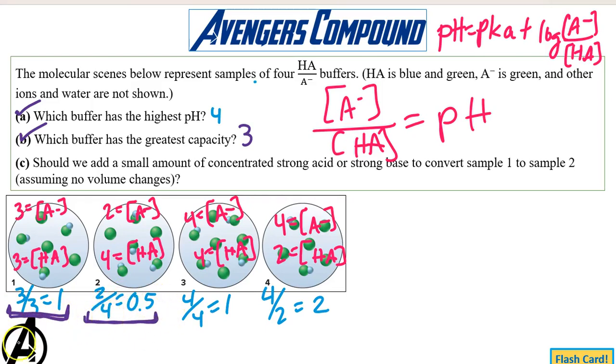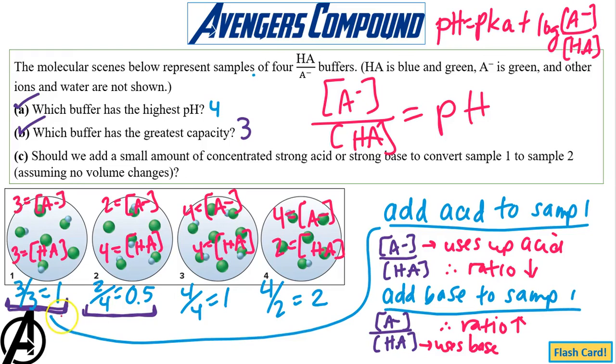And they want us to figure out how we do this. I automatically look at my ratios. As we can see, sample 2 has a lower ratio than sample 1. So in order to convert sample 1 to sample 2, we need to decrease the amount of the conjugate base and increase the amount of the weak acid.